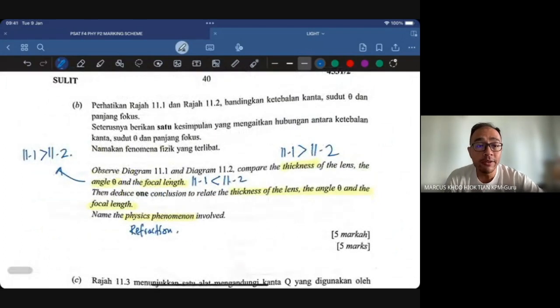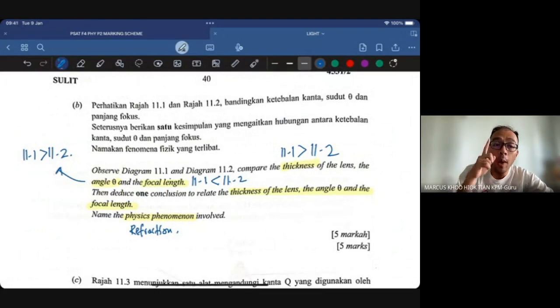Now, this is a very interesting relationship question because it asks you to give one relationship, but there are 3 things inside the relationship. The big question you need to ask is, what is the manipulated variable, and what are the responding variables? What determines and what is determined? Or what is the cause and what is the effect?